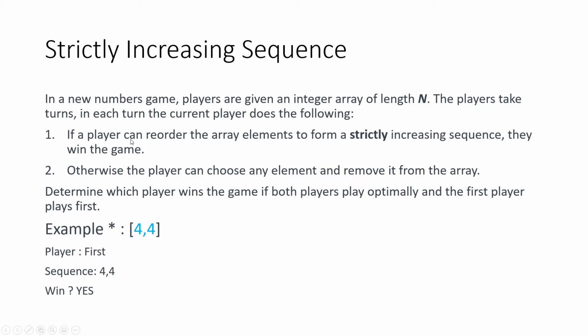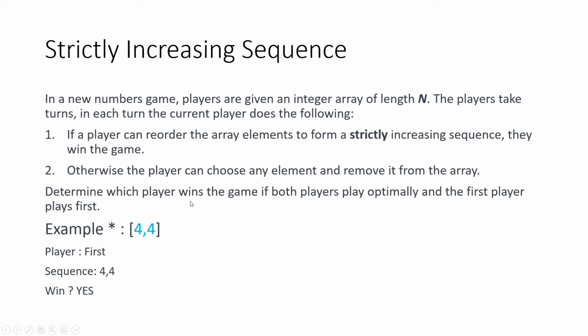And if the player cannot create such a sequence, then he has to remove one element from the array. So let's take this sample example, and I consider this as the base case of this question. If you can give your opponent this kind of sequence, then he has no option. The only option he has is to remove one element from the array.